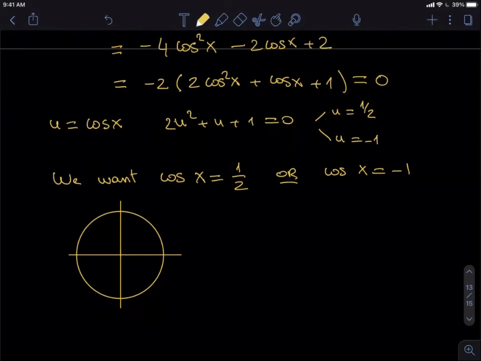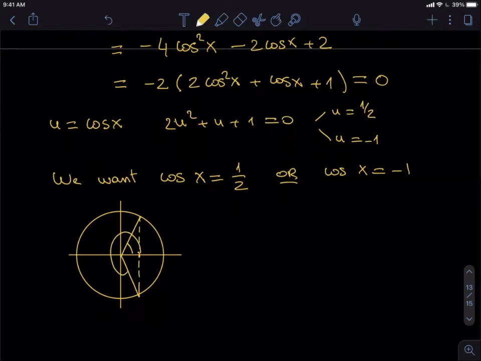So we have a cosine equal to 1/2 in these two cases. This one and this one. Okay, remember we are working on 0 to 2 pi.